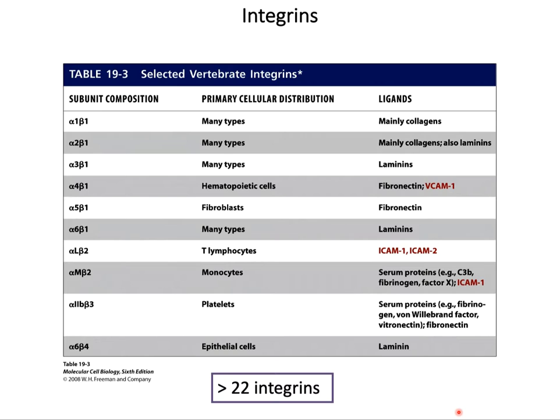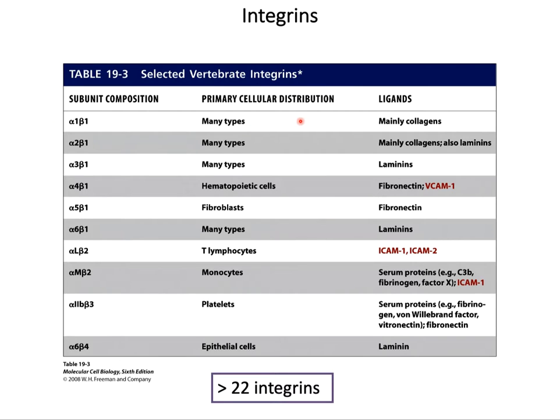And I mentioned that the integrins are a very large family of proteins, and there are probably more than 22 integrins that have been described. What is interesting is that just by swapping out the alpha subunit or the beta subunit, you can actually change the binding specificity of these cell adhesion molecules.